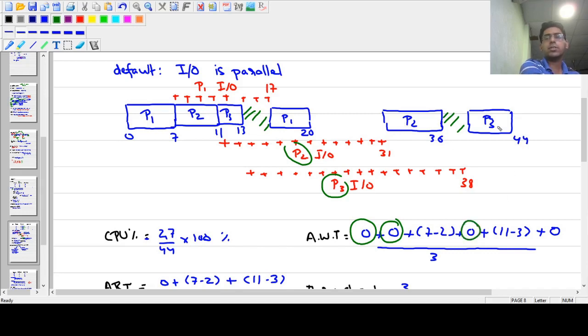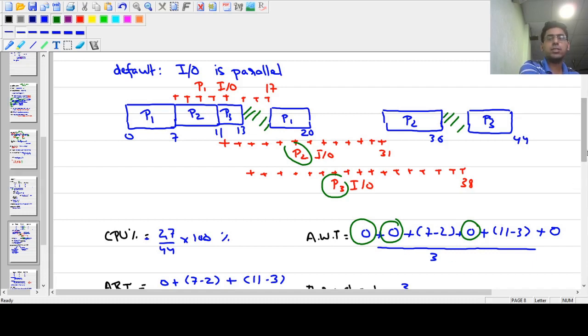And for process P3, the first time it has to wait 11 minus 3, as it came at 3 milliseconds and got the CPU at 11 milliseconds. And for the second time, as soon as it completes its input output operation, it gets the CPU, that is, it waits 0 milliseconds. So average waiting time is this upon 3.